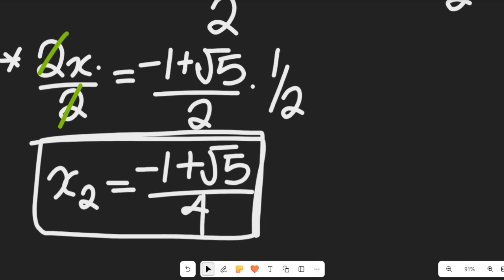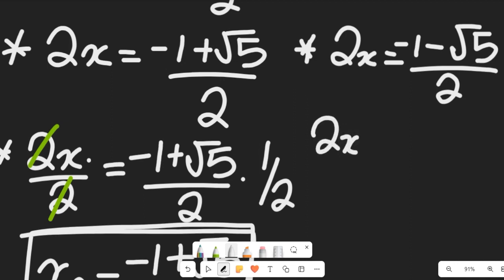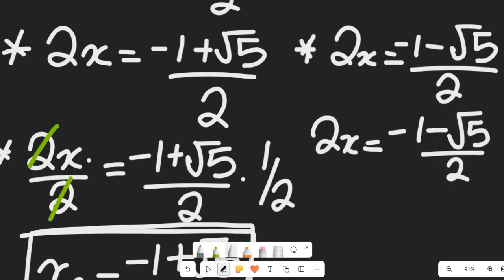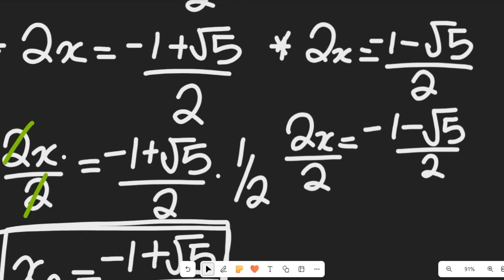Now let's consider the third and final solution. From this solution, we can see that 2x is equal to -1 minus root 5 divided by 2. To get the value of x, we are going to divide both sides by 2.